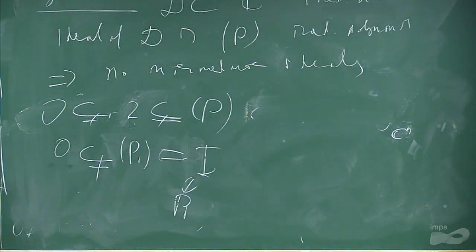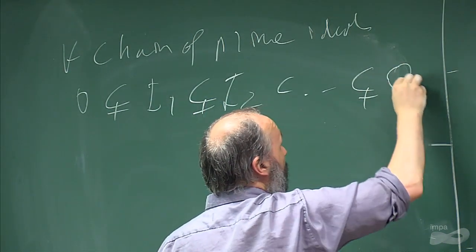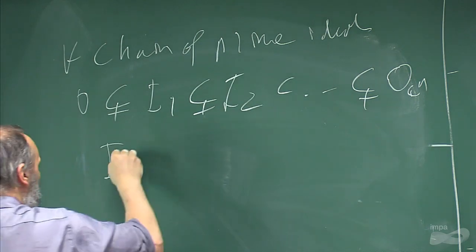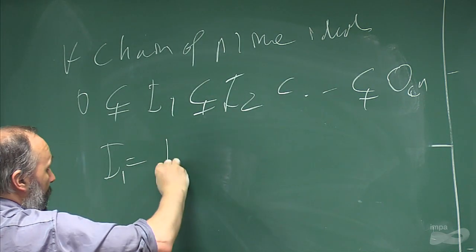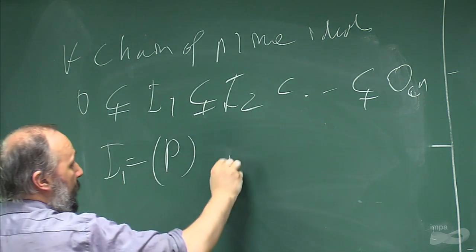Okay, let me write it. For each chain of prime ideals 0 not equal to I_1, not equal to I_2, and so on inside O_{C^n}, I_1 is generated by P, with P irreducible.